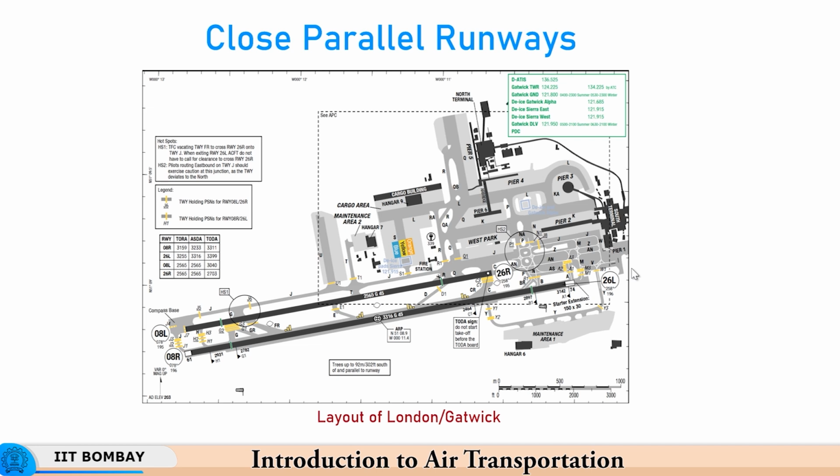So, only one runway among these 2 is active at any given point of time. You can call it as one of them is active, the other one is standby, and later on the operations will move to the other runway to distribute the loading. London Gatwick happens to be the airport with one runway and the largest number of operations per hour.